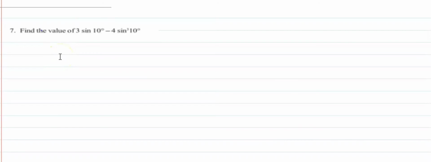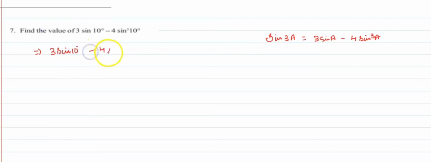In the question, find the value of 3 sin 10 minus 4 sin cube 10 degree. We already have a formula, that is sin 3A equals 3 sin A minus 4 sin cube A. Now he has given it in the reverse form, that is 3 sin 10 degree minus 4 sin cube 10 degree.